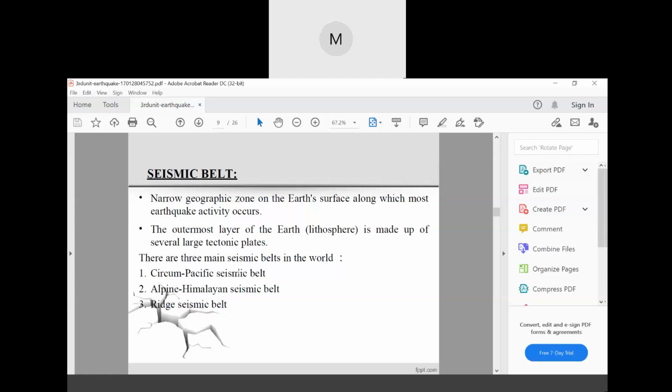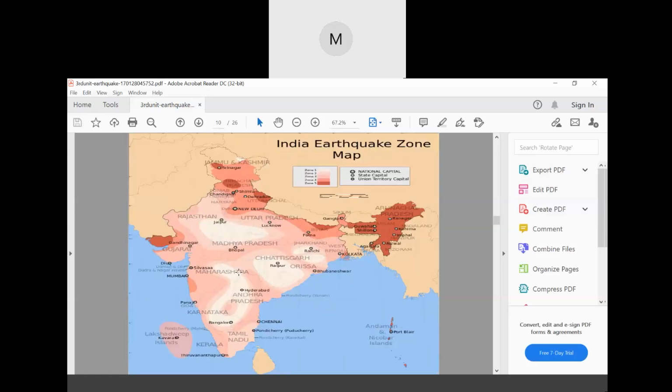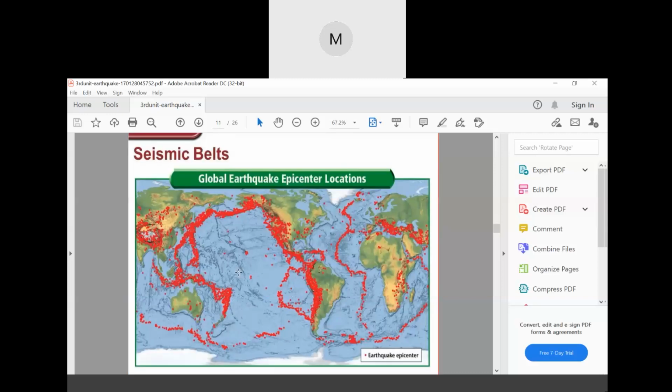We'll discuss about it. Now, if you can see, this is the earthquake zone map of India. Actually, in India nowadays the zone is from two onwards.